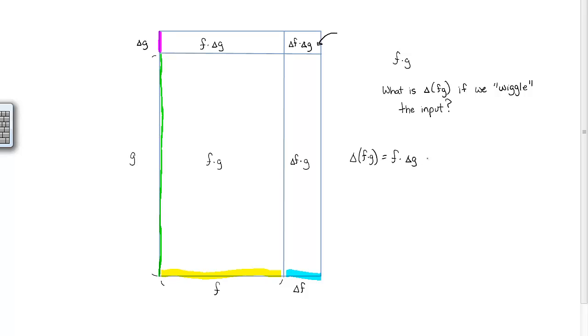So it's f times change in g plus change in f times change in g plus change in f times g. So we know that our output has wiggled by this much.